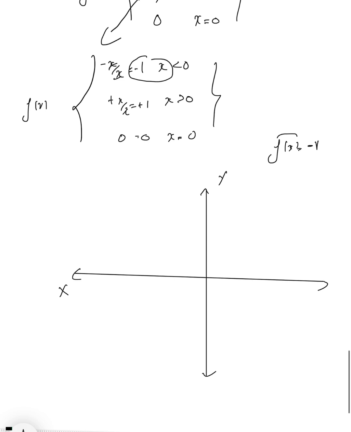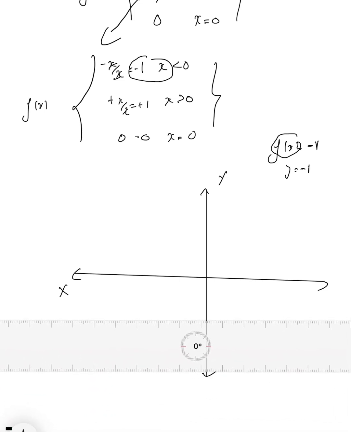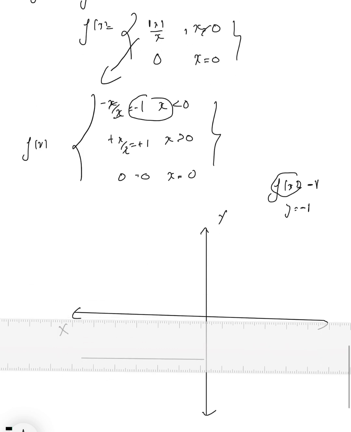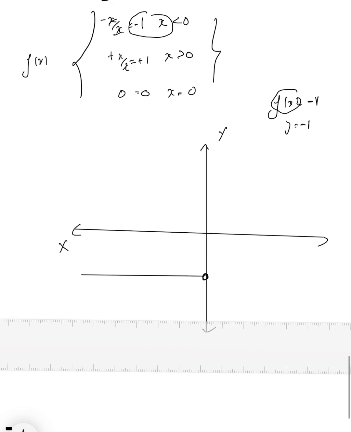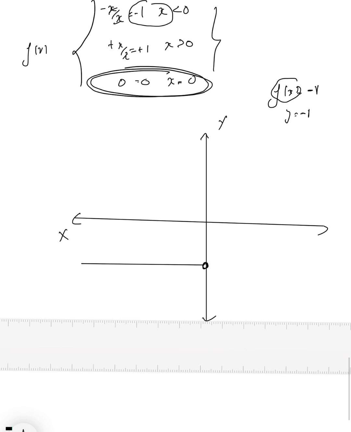So y = -1 is a line parallel to the x-axis, in the negative direction. So this line. Remember, this point is not included. As I already told you, it is 0 at x = 0, so that's why I didn't include this point here.